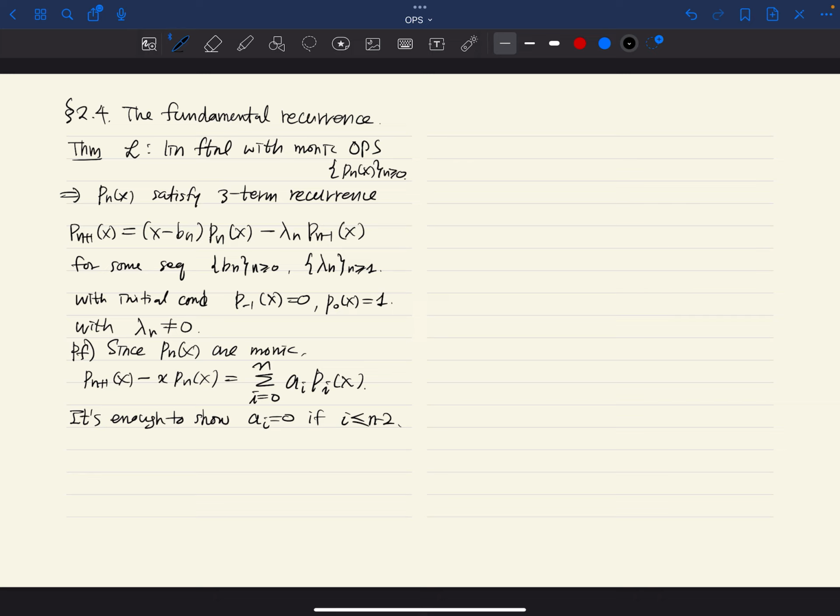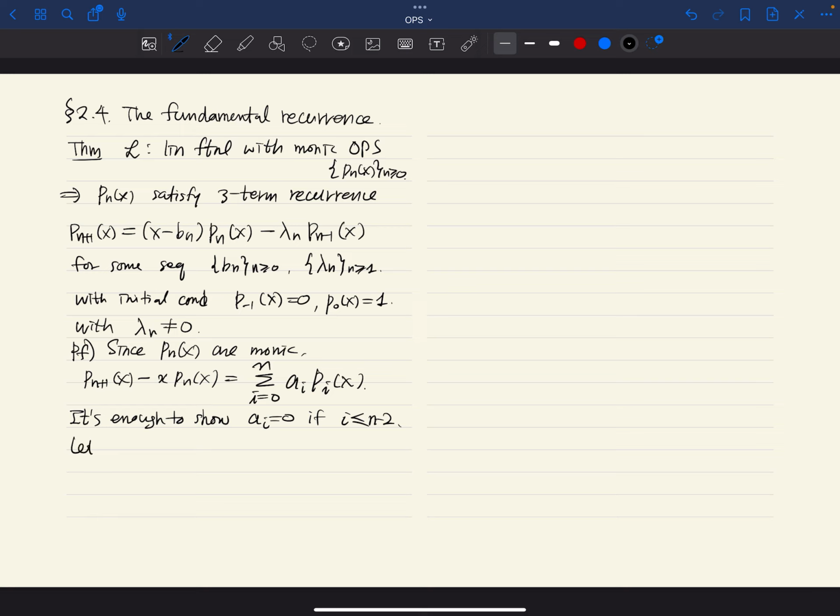So how can we prove this? When we have an identity like this, and you want to obtain some information about the coefficient, we already did this many times. If you want to get a_i, multiply by P_i on both sides, take the linear functional, and use the orthogonality.